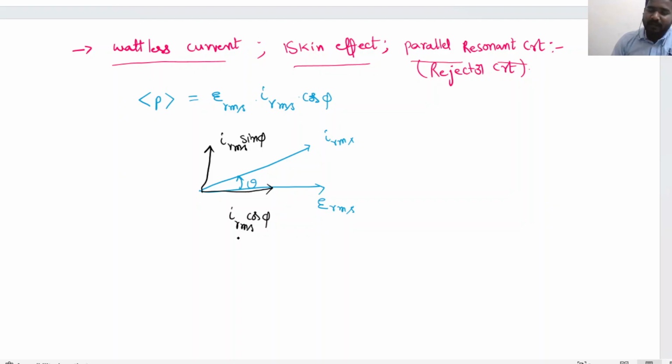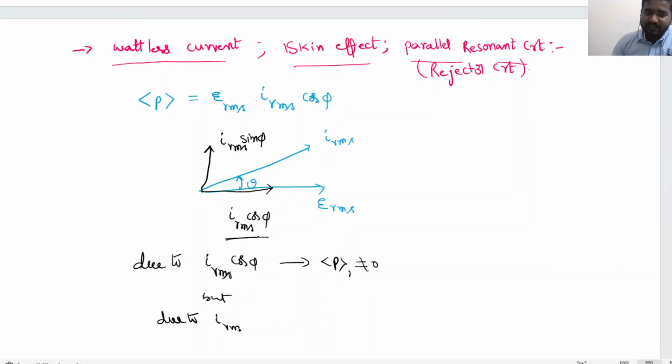Now here you can see, due to IRMS cos phi, power will be maximum, so average power will not equal 0, because average power depends on IRMS cos phi. But due to IRMS sin phi, average power consumption equals 0.